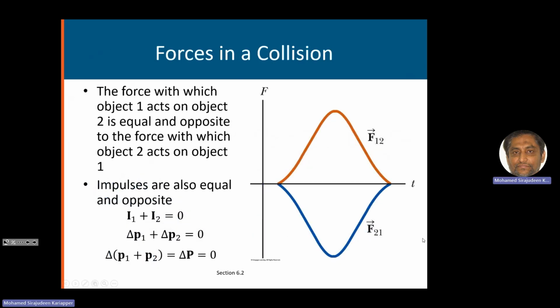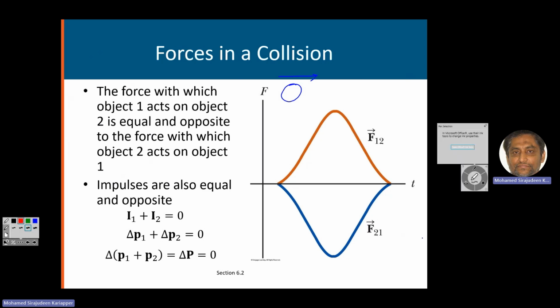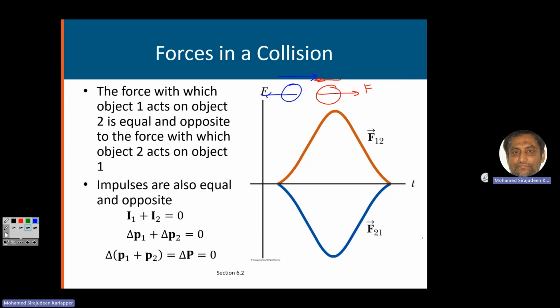Now we are going to prove this conservation of momentum by bringing in Newton's third law. So we were looking at this example of a blue ball which is moving to the right, and the red ball, or the orange ball, whatever, moving to the left. When they hit, there will be a force on the red ball, to the right, and there will be a force on the blue ball, to the left.